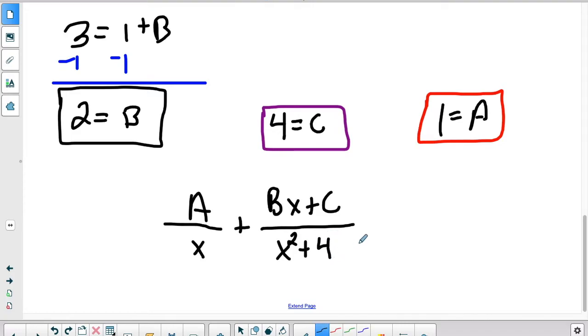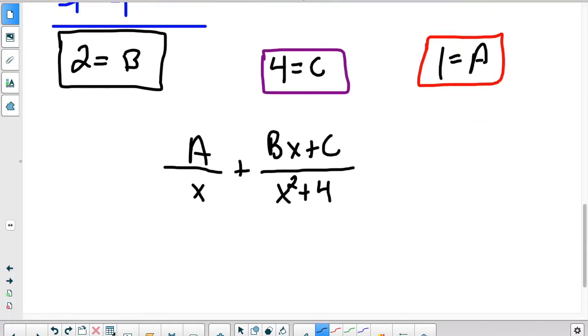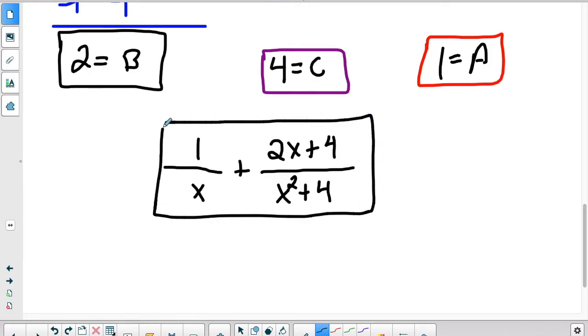This was our partial fraction decomposition we were working with, and we were trying to find the values of a, b, and c. Well, we found the value of a to be positive 1, so we plug that in. Then we also found the value of b to be positive 2, and we found the value of c to be positive 4. And that's all we have to do for this.